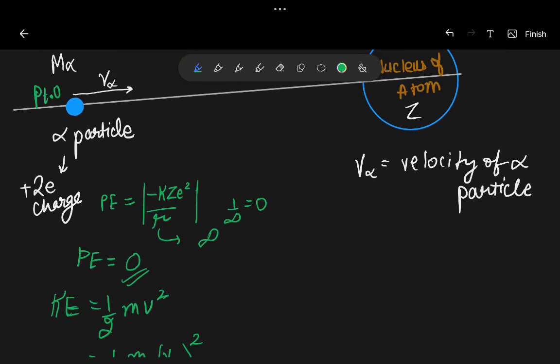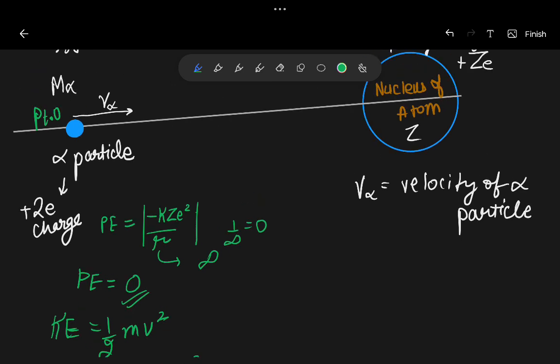Now let us say that we just threw this alpha particle in the direction of the nucleus. Now what will happen? This is positively charged, and this is also positively charged.